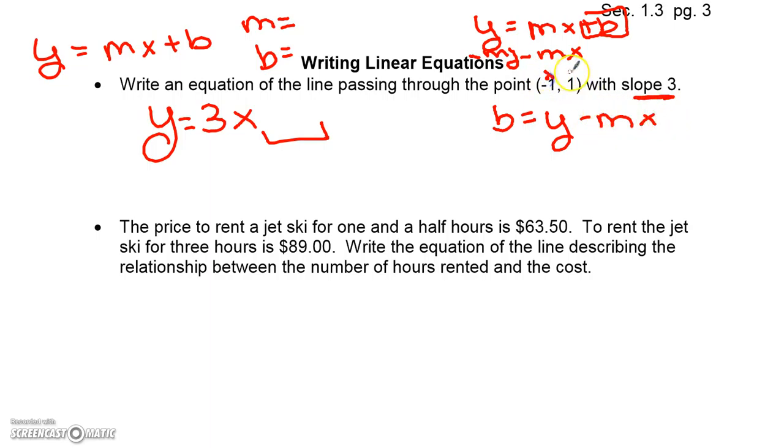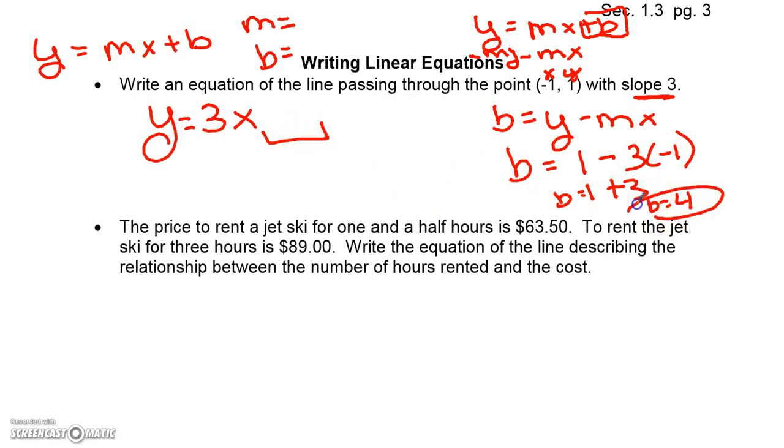This is x, this is y, so let's just plug in. b equals 1 minus 3 times negative 1, which is 1 plus 3, which would be 4. So in this case, b equals 4. m was given, so that's going to become y equals 3x plus 4.